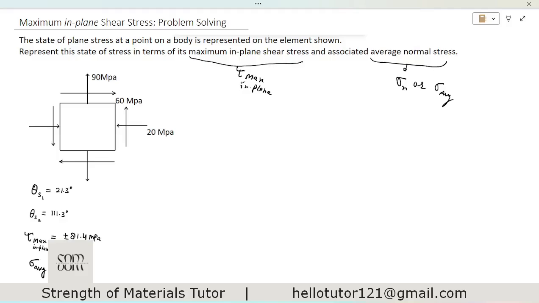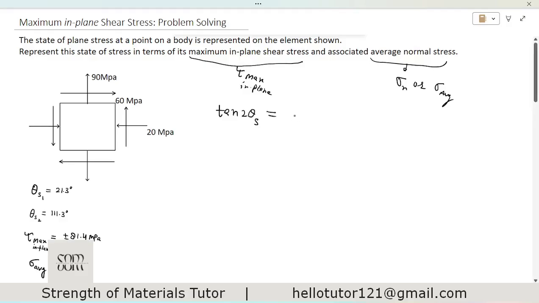First of all, we need to find the plane where the maximum shear stress exists. To find the location of the plane, we will use the formula that we found from the previous class: tan 2 theta s, where theta s is the plane of maximum in-plane shear stress.